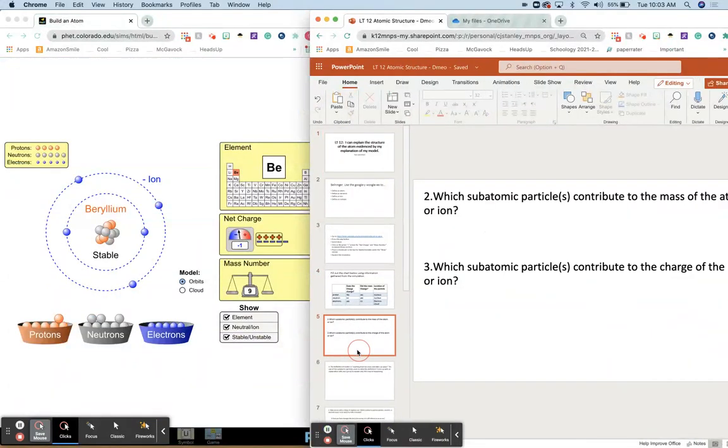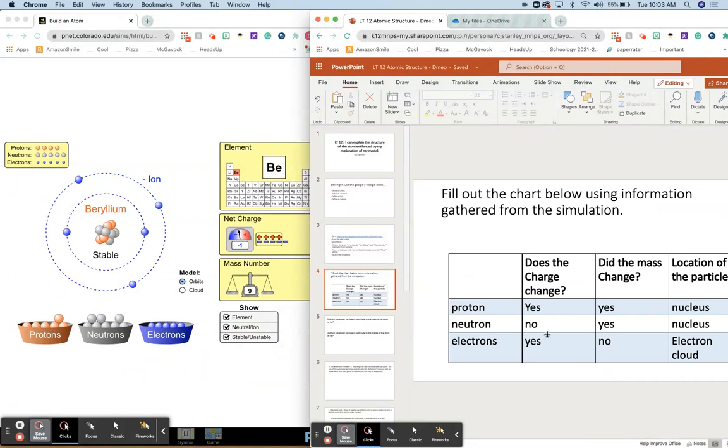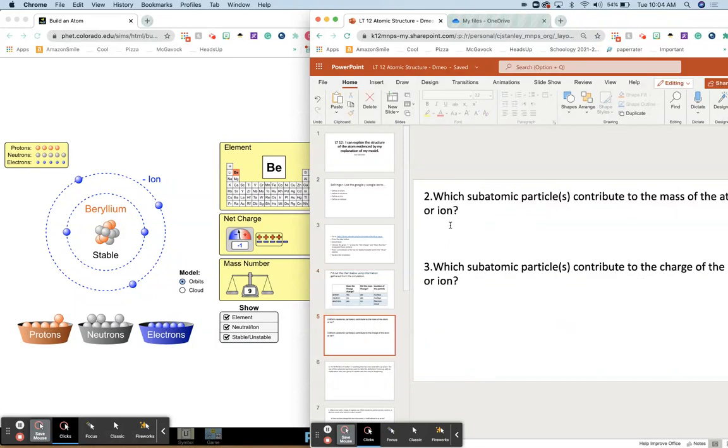All right, so if I look back here, I see that my proton changed the mass and my neutron changed the mass. So if I go over here, which subatomic particles contribute to the mass? Well, that's going to be my protons and my neutrons.